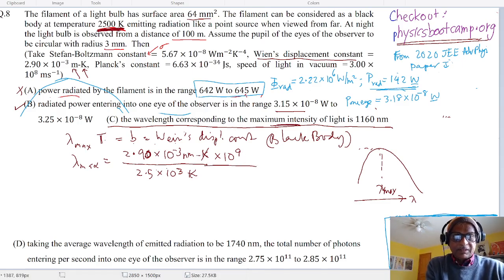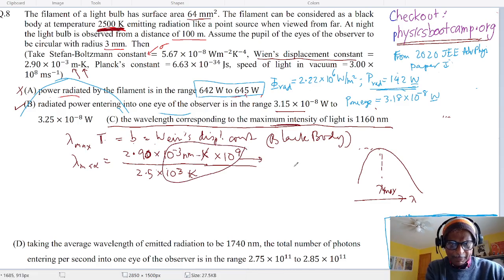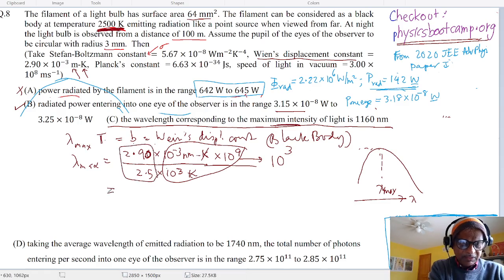It looks like 1.160 will come out. So all these powers of 10, 10 to the power minus 6 times 10 to the 9 makes it 10 to the power 3. And we just have to figure that out on my calculator. I'm going to calculate and come back.